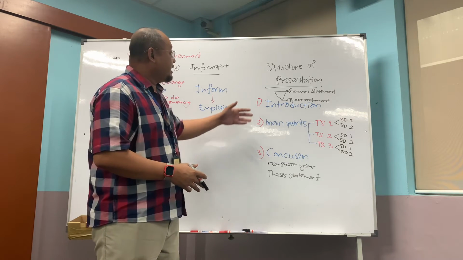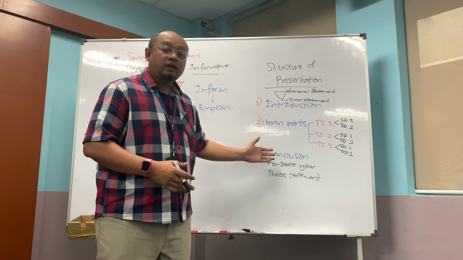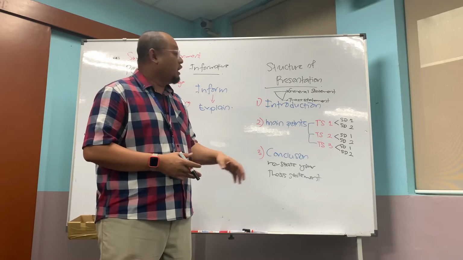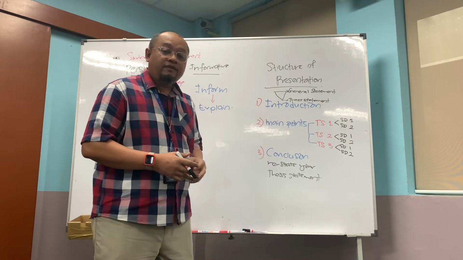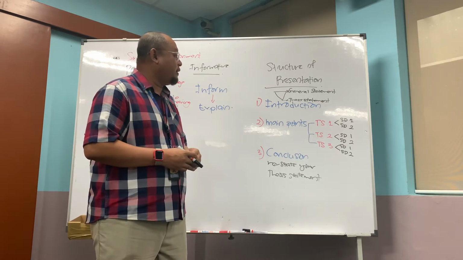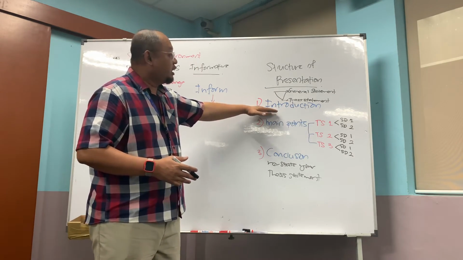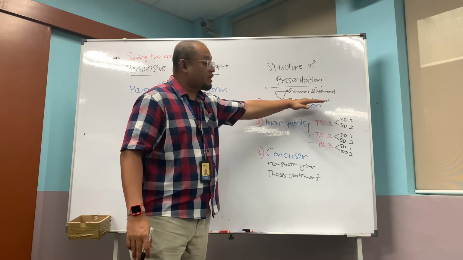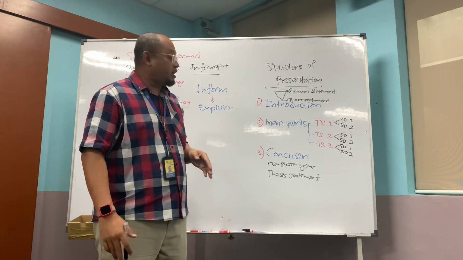So basically this is the structure of a presentation. It applies to all types of presentation, but since we are focusing on persuasive presentation, you should use this kind of structure. Remember, begin with the introduction, with the general statement followed by the thesis statement, like a funnel, because you have to make it more specific.